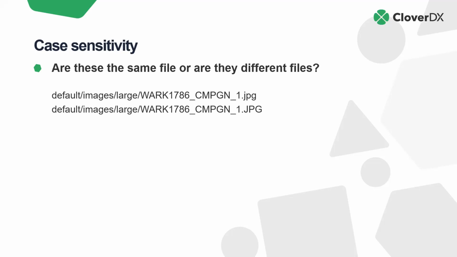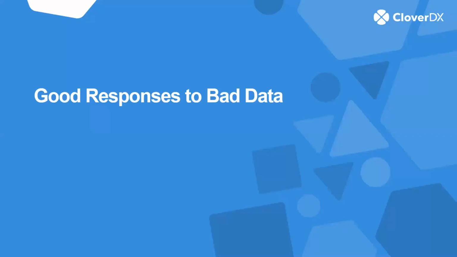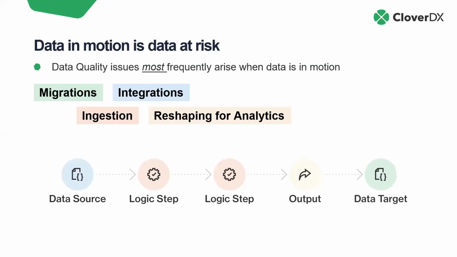So there are lots of ways poor data can arise and get into our systems. So let's talk then about ways that we can respond and handle those situations. And the first thing to notice when we do this is that most data quality issues arise when you put your data in motion.